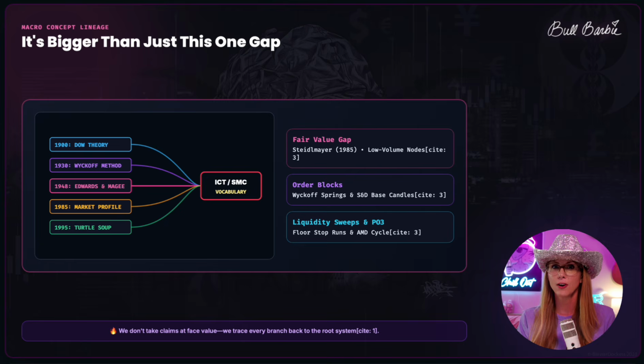We're going to cover all of those across this series if y'all would like, but this map is why we don't take any single ICT claim at face value anymore, or hopefully in the first place. We go and find the root of it and study the original concept in completeness, so we can actually learn to trade like sensible humans that don't have to wear a tinfoil hat for protection from the haters.